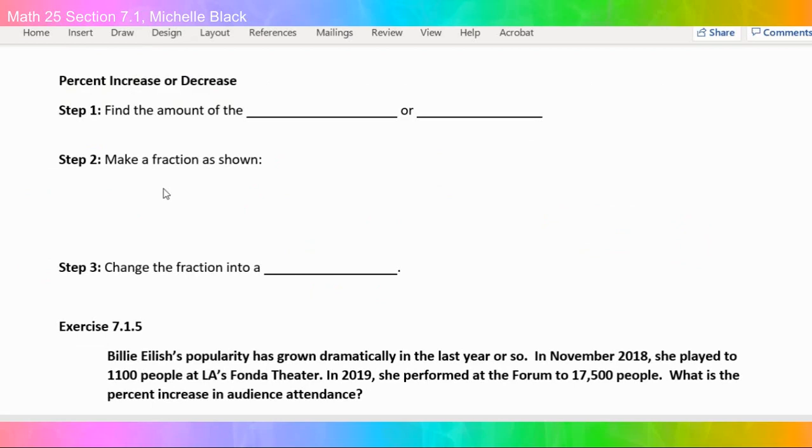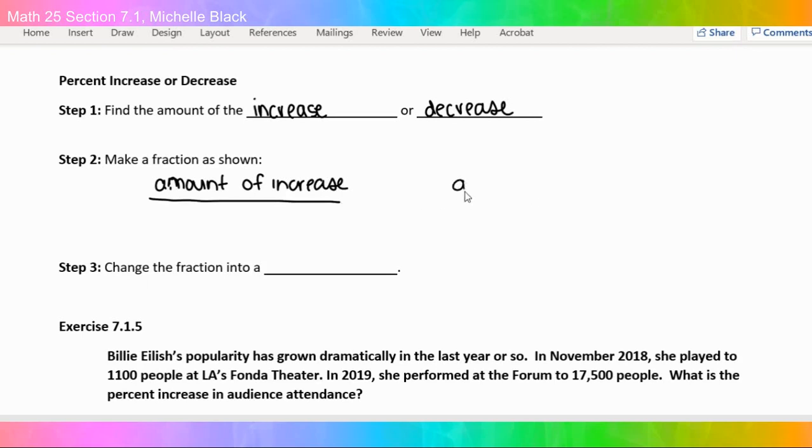All right, percent increase or decrease. How do we find this? Well, the first thing you do is you find the amount of the increase or the decrease. Right? Either you've grown or you've lost. Then you make a fraction where you put either the amount of the increase in the numerator or the amount of decrease in the numerator.